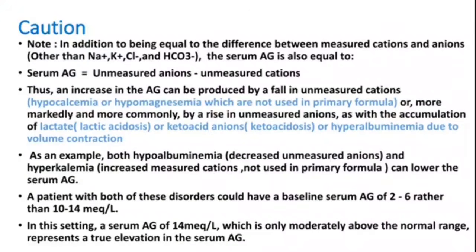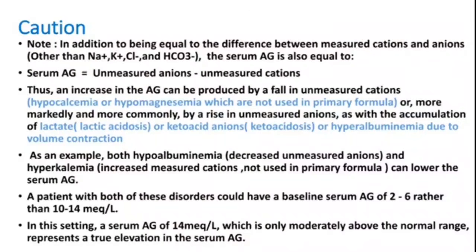The serum anion gap is also equal to unmeasured anions minus unmeasured cations. Thus an increase in the anion gap can be produced by a fall in unmeasured cations, that is hypocalcemia or hypomagnesemia also.